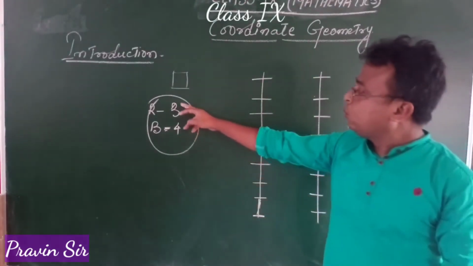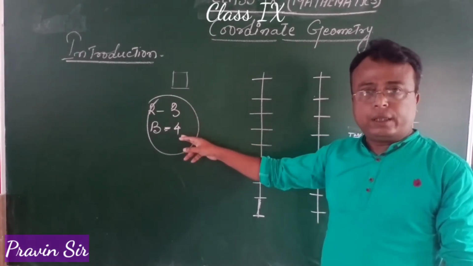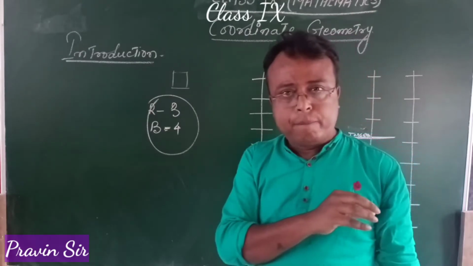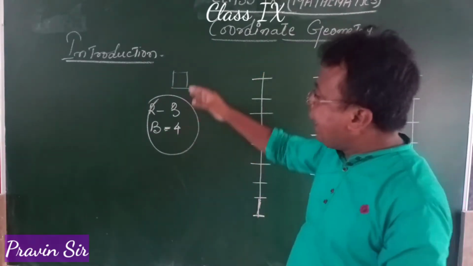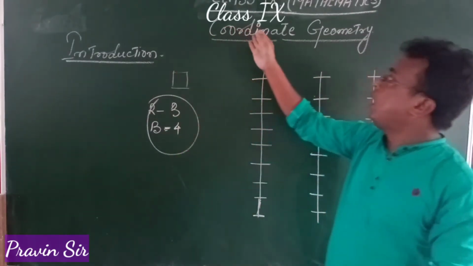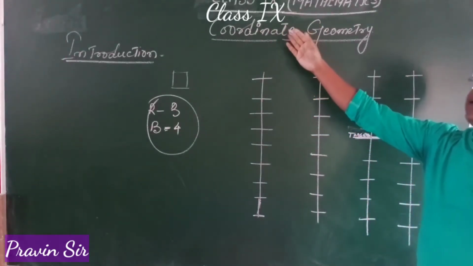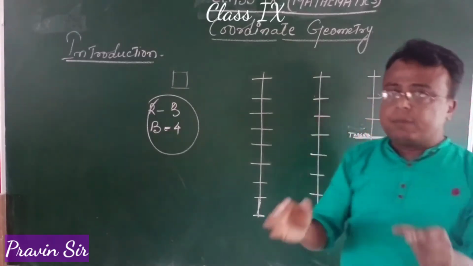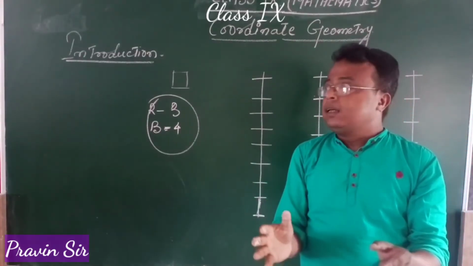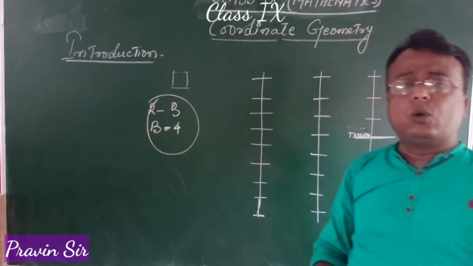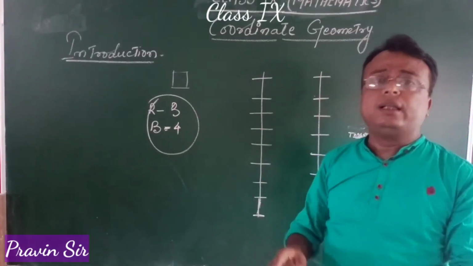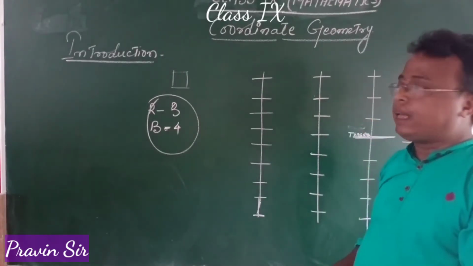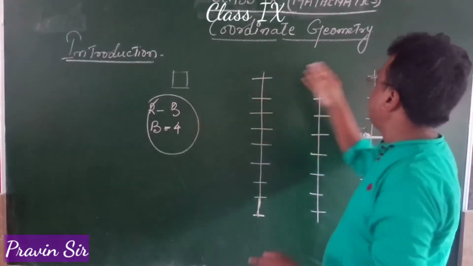We need 2 pieces of information. And those 2 pieces of information are called coordinates. In this chapter, we will try to understand what coordinates are and how to locate the coordinates in this situation. So in my first case, I gave only the information: you go to row number 3, you will find.